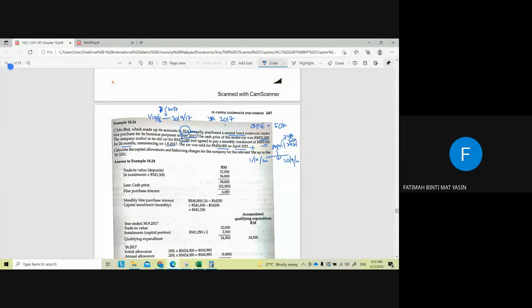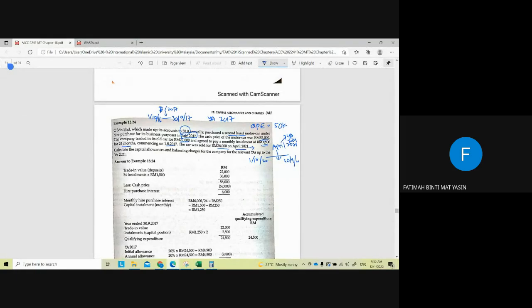You need to know this because when the company disposes of the asset during the year, the company cannot claim the annual allowance. For the initial allowance, if the company incurred the cost, the company can still claim it even when the company sold the asset in the same year. But for the annual allowance, the company cannot claim it during the year the company disposed of the asset.